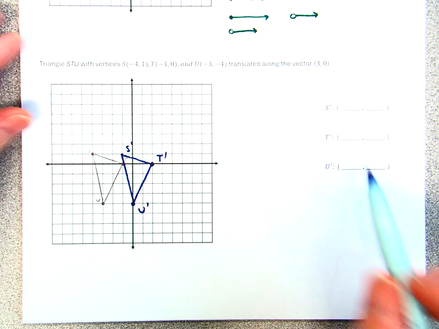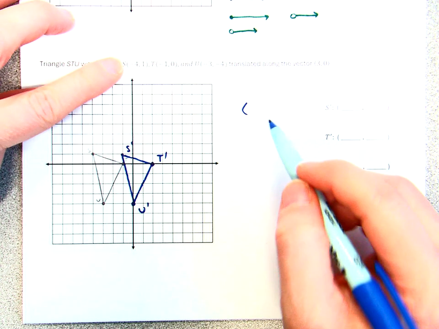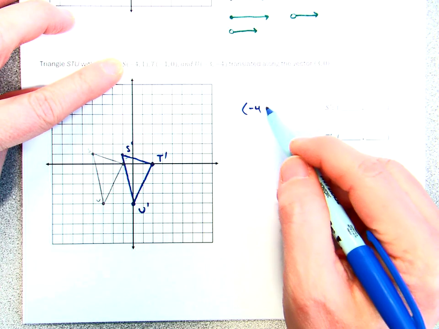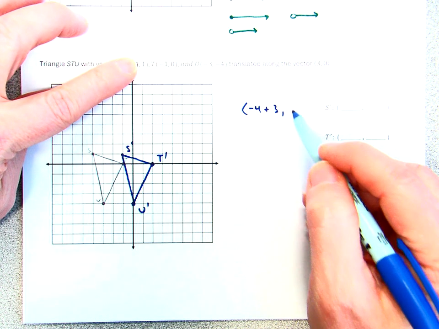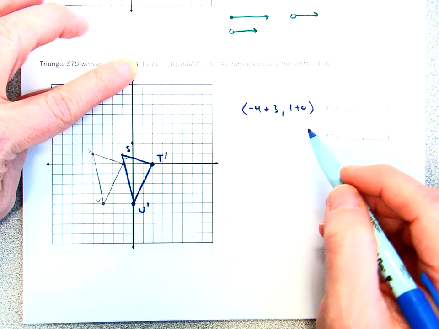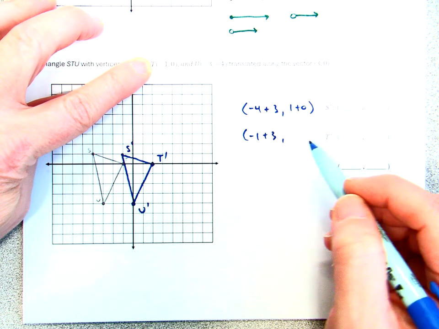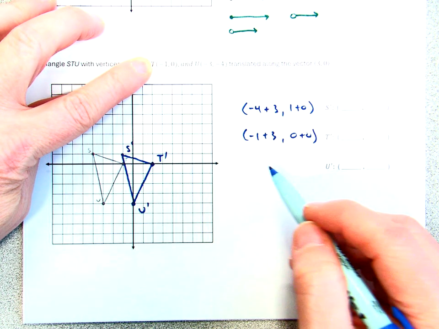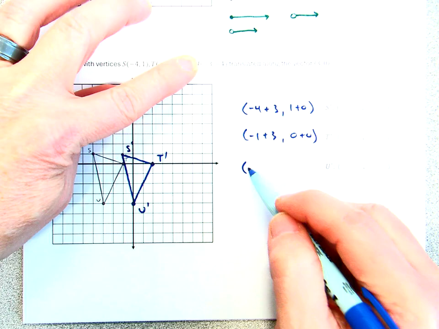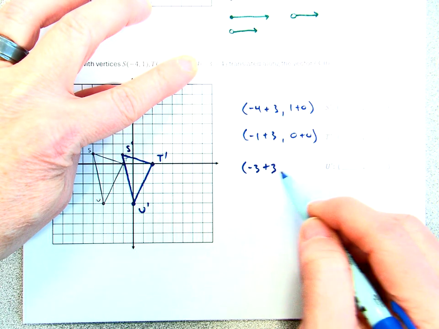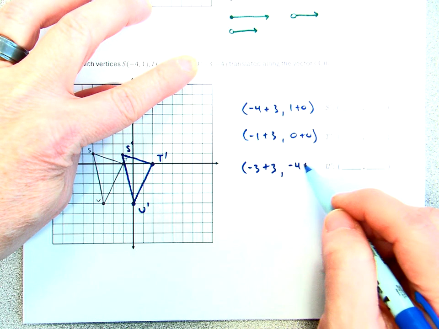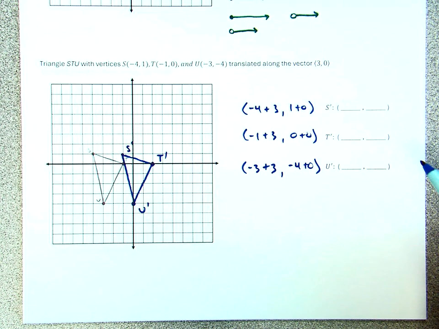If I wanted to just work with the ordered pairs, each of the x's is going to be added by 3. The y is going to add nothing, to 0, right? So not much going on, right?